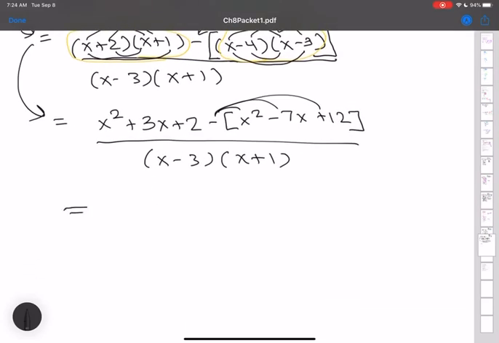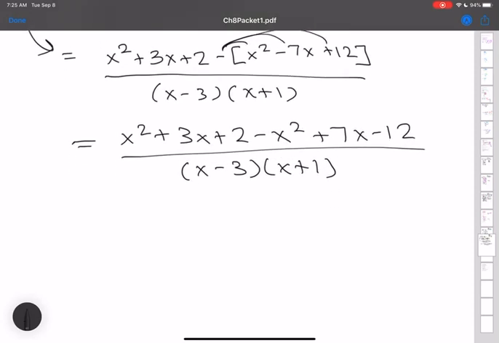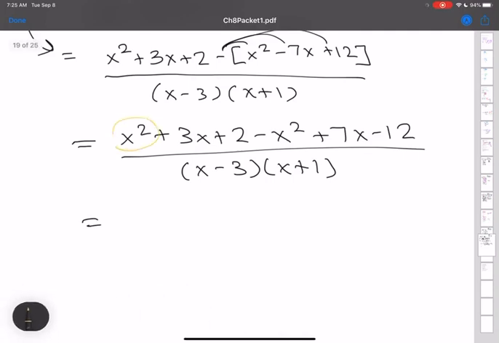So now let's go ahead and distribute that negative. So we have a minus x squared, a plus 7x, and a minus 12. Let's go ahead and combine like terms. I have an x squared minus an x squared.